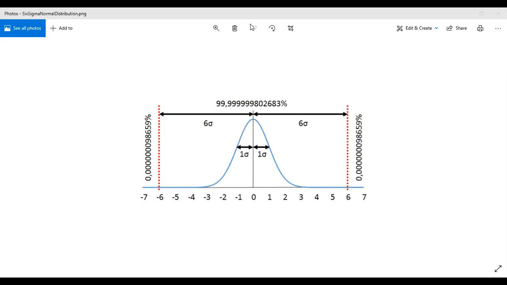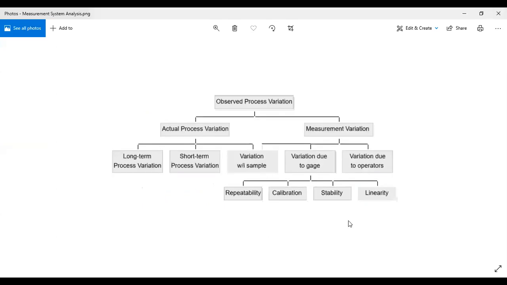Now, let me show you that in detail. The total observed variation could be due to two reasons: actual process variation and measurement variation. In the measurement variation, there are two main kinds of variation.